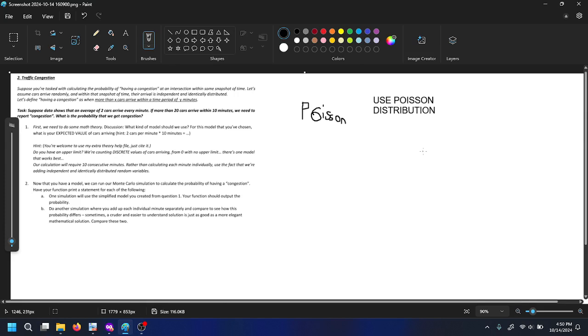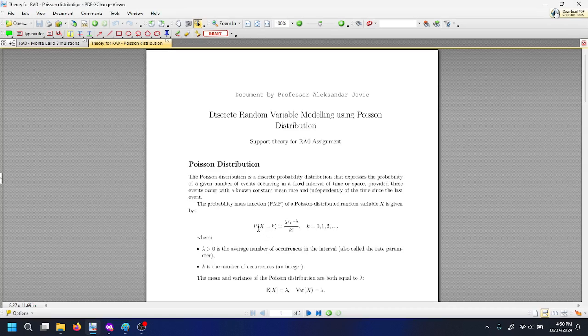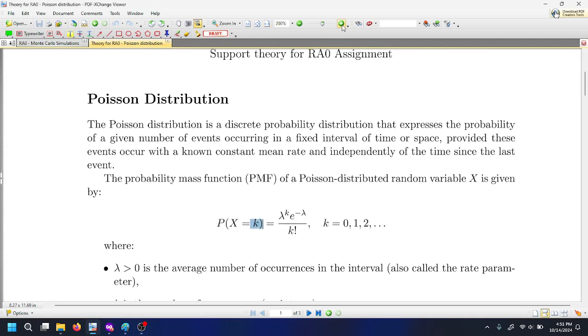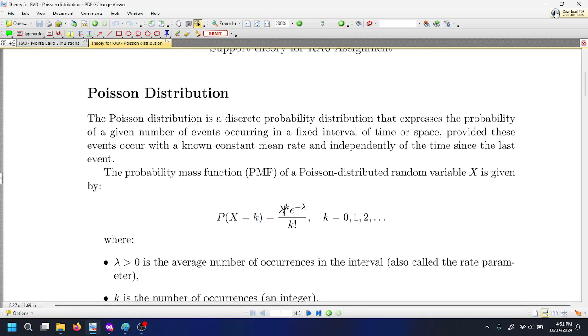Okay, so what's the second bit of intuition? Well, let's look at the Poisson distribution. It has the following form as per this document. The probability that the Poisson distributed random variable X equals some number of occurrences k is given by this. And so this lambda variable is the average number of occurrences, the rate parameter.